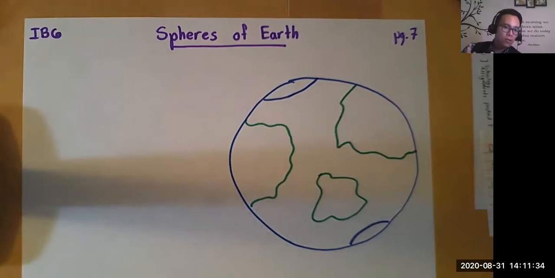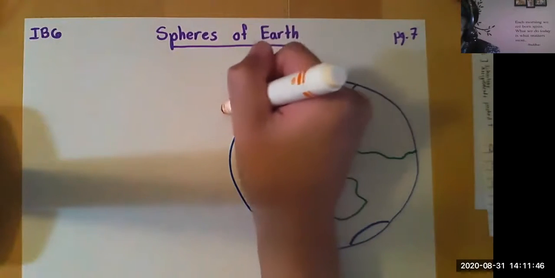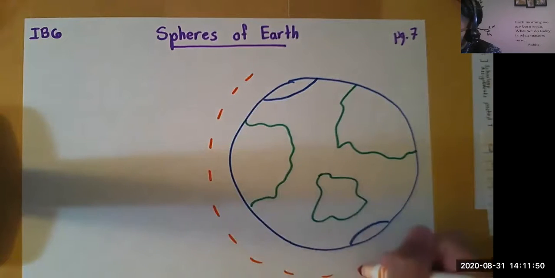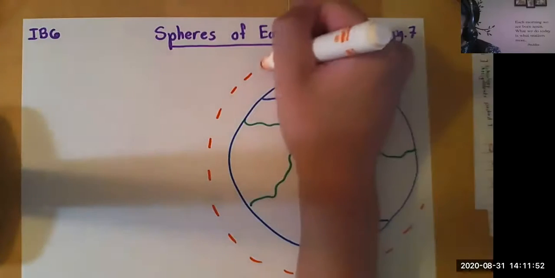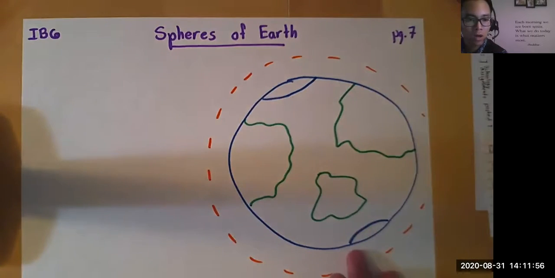Okay. The 4 spheres are pretty simple. Protecting the Earth in orbit, in space, is called the atmosphere. So I'm going to represent the atmosphere as a dotted line. Alrighty.